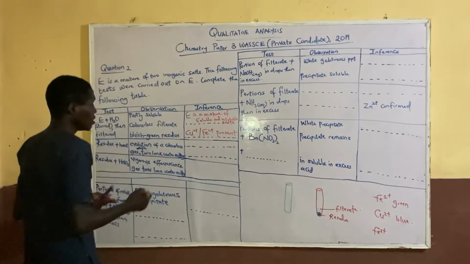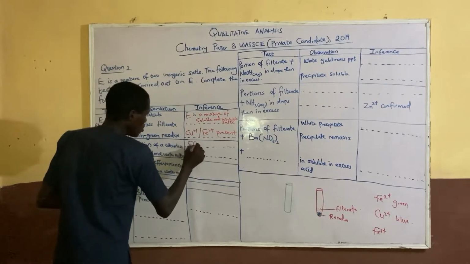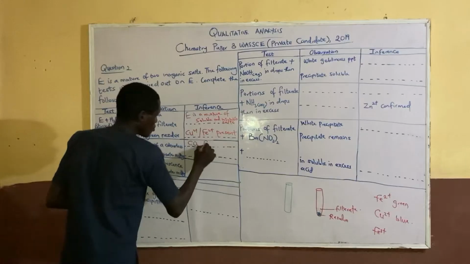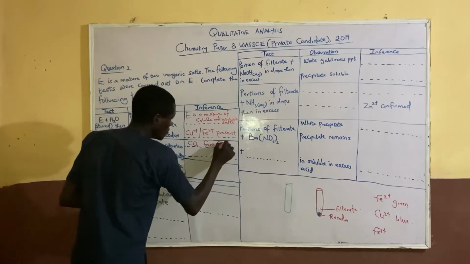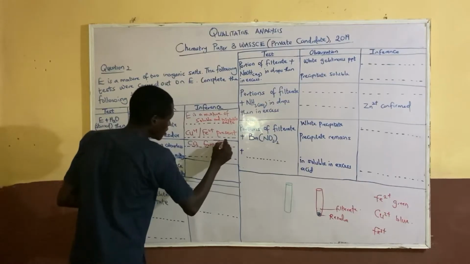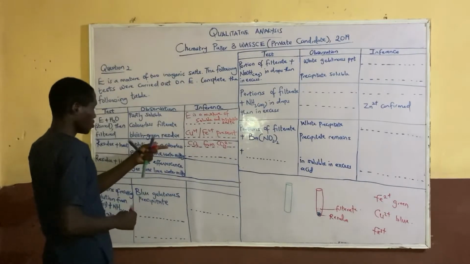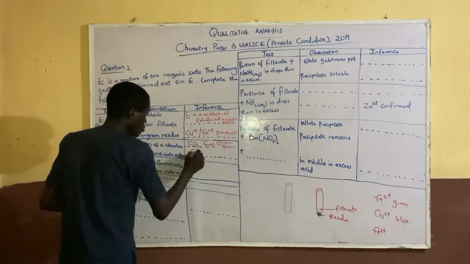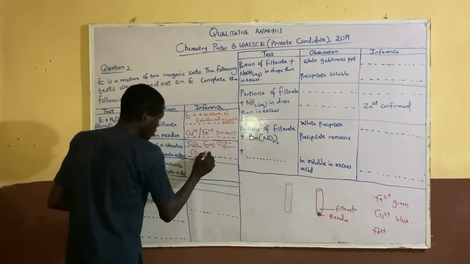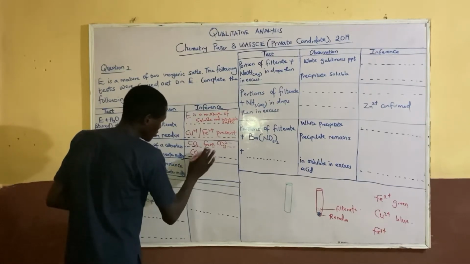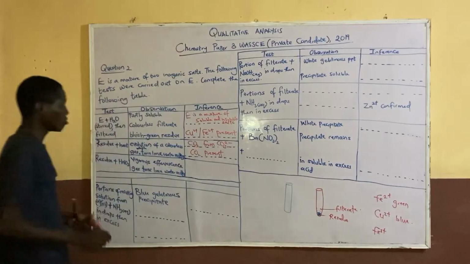This is showing that CO2 comes from CO3 2- present. So then you can say CO2 confirmed, CO2 present, definitely there's CO3 2- present.